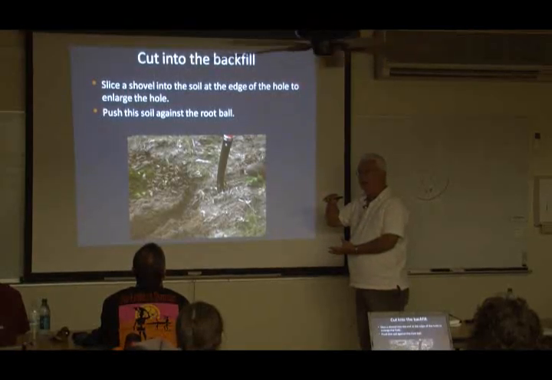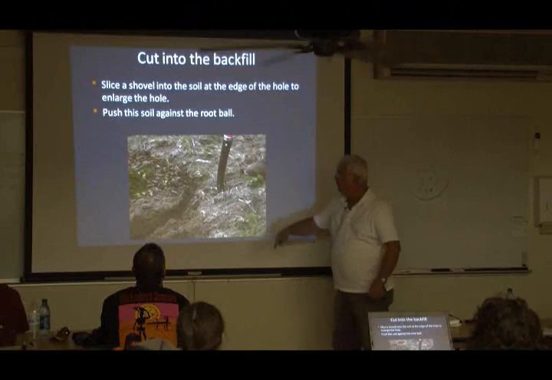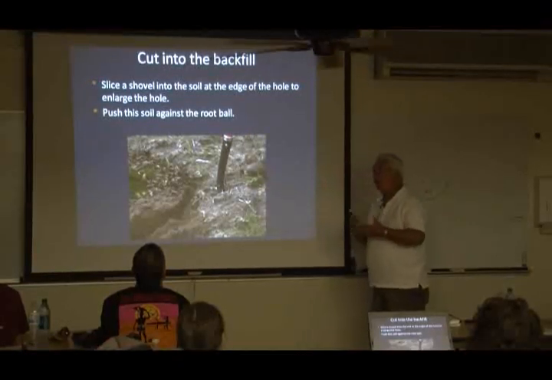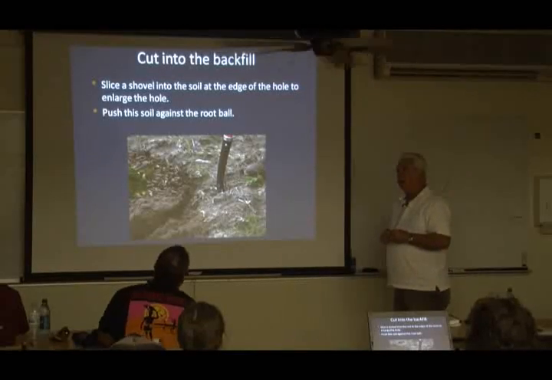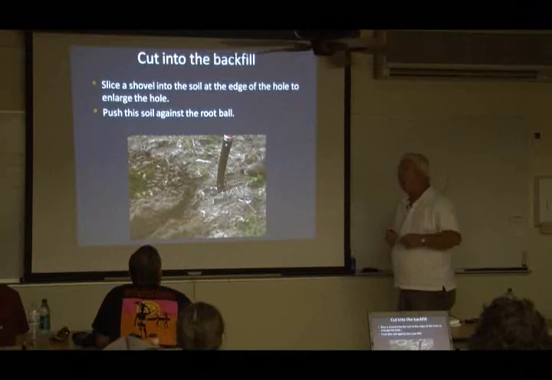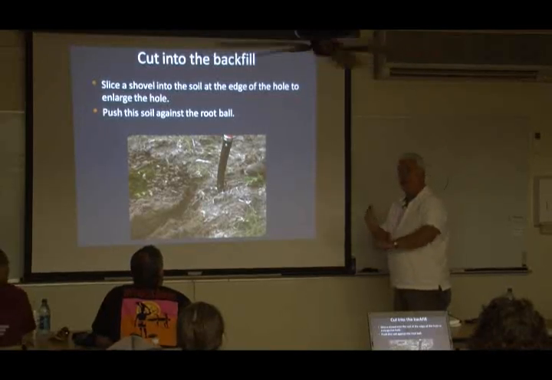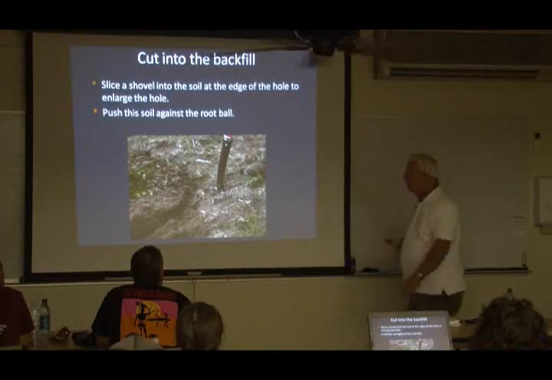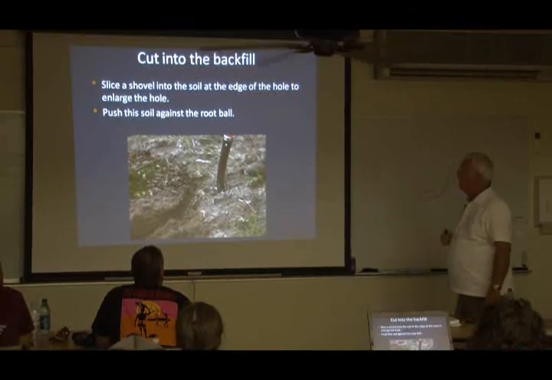If the soil is soft enough, just rototill the heck out of it all the way around it, open it up. The whole point is loosening the soil all the way around the planting hole. So either doing it by spading it or by rototilling it. Steve said he uses a water jet to inject in there and break up the soil all the way around. Various ways of doing it.